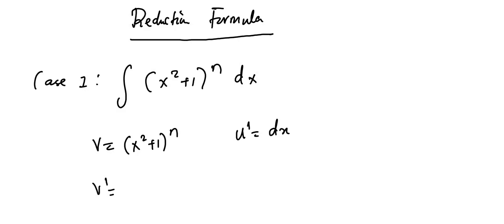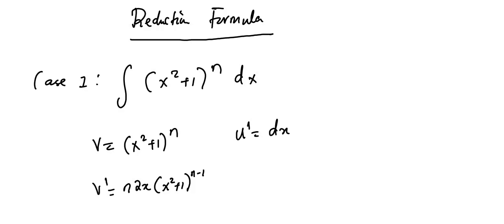Whenever they want us to get the reduction formula of something, in this case we're going to use by parts. We're going to choose this whole thing to be our v and the dx to be our u prime, so that we can differentiate this using chain rule. When you're differentiating using chain rule, we say bring down the power, that's going to be n, differentiate what's inside, that's 2x. Then write back what you have and reduce the power by 1.